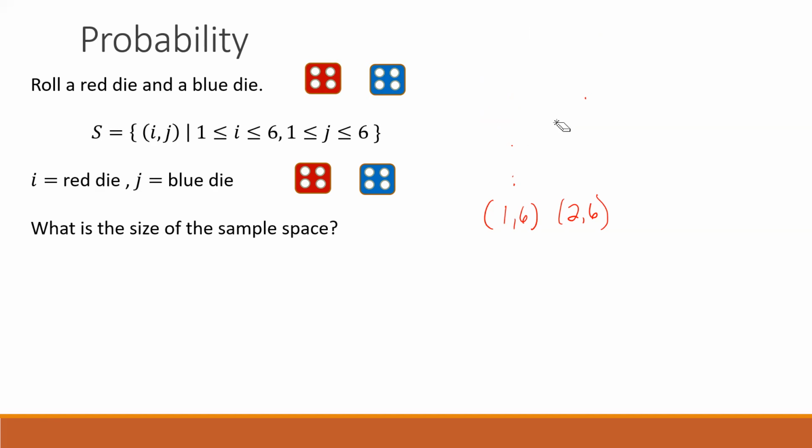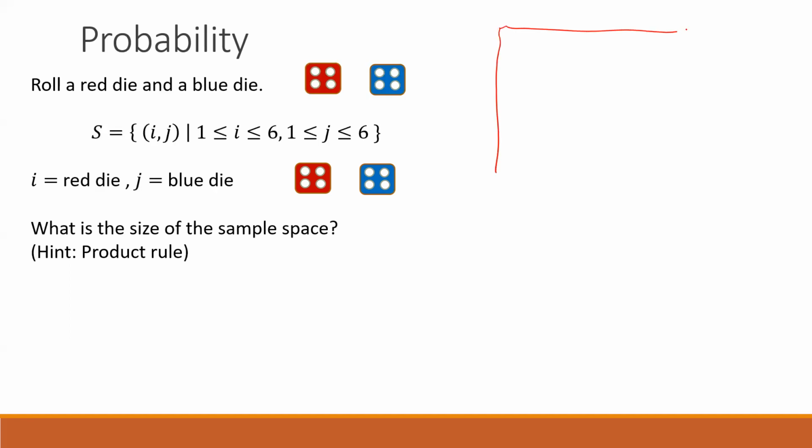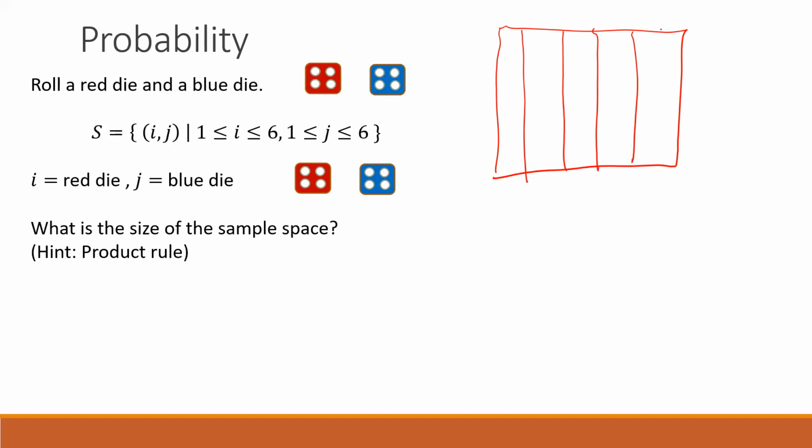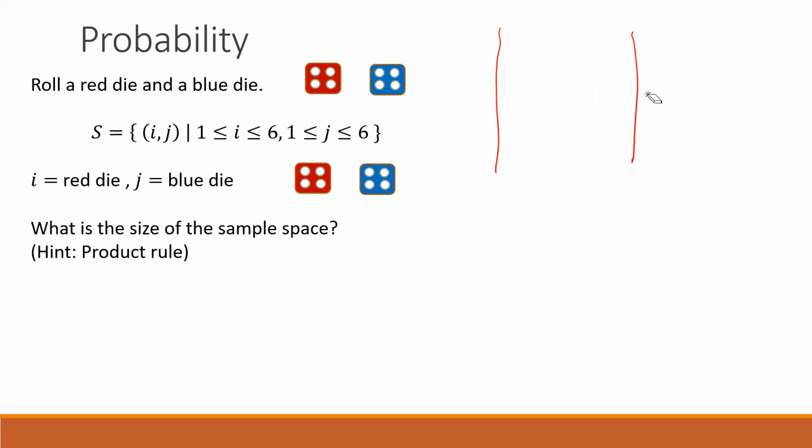So yeah, what is the size of the sample space then? What do we think? How many elements are in this sample space that I started to draw, but I didn't finish? 36, yeah, exactly. So there's a couple ways to do it. I could draw it as, of course, a table that has 6 rows and 6 columns, and then 6 by 6 gives us 36 entries. The other way we can count it is using the product rule, right?